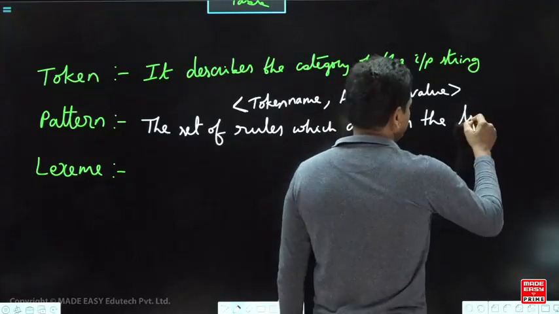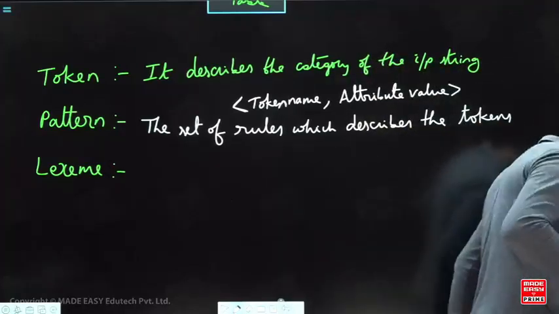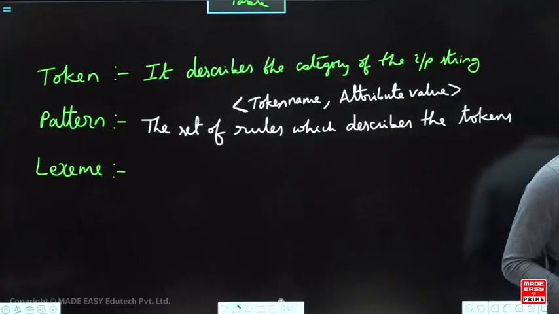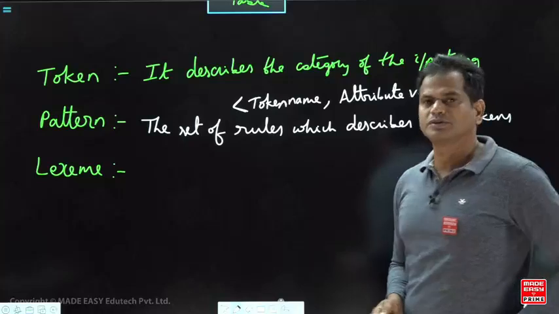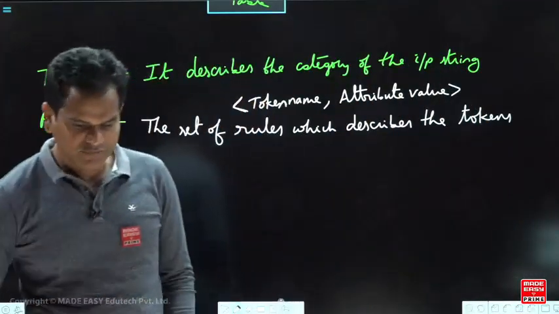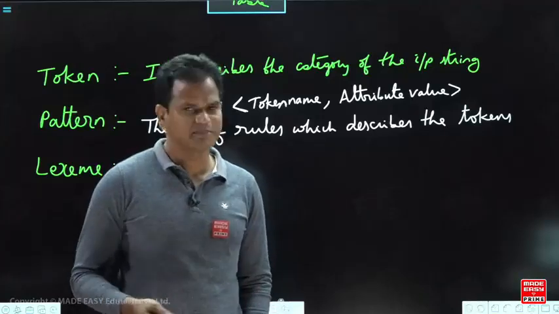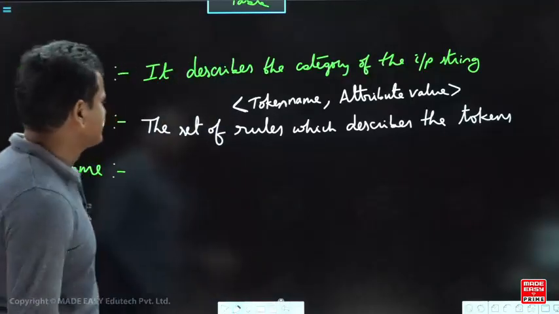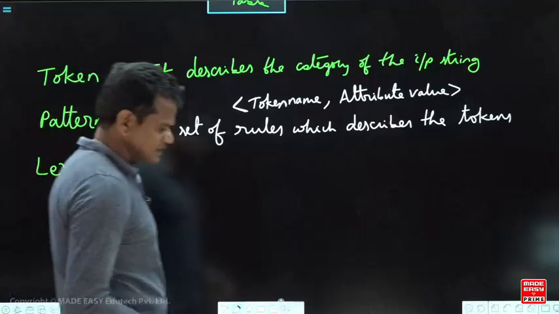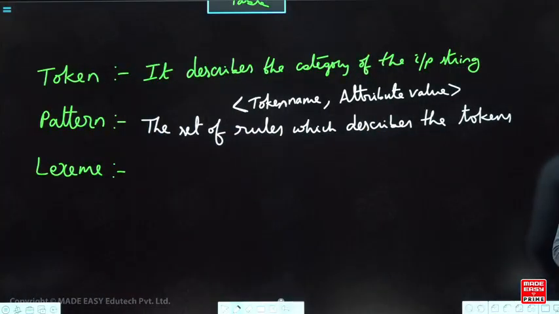What does that mean? What are the rules for keyword? What are the rules for operator? What are the rules for identifier? What are the rules for constant, punctuation mark? All these will be described in pattern. So, the set of rules which describe the token.